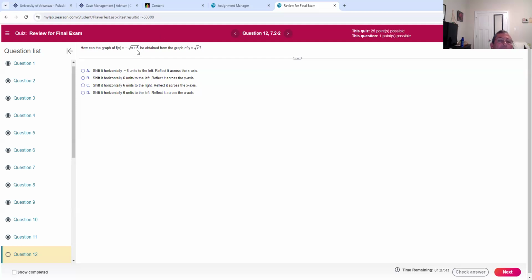Is it moving me right 6? And that's the only choices they got. It's either going left or right. And y'all, we know it's going to be left. Good job. So we're going 6 units to the left.